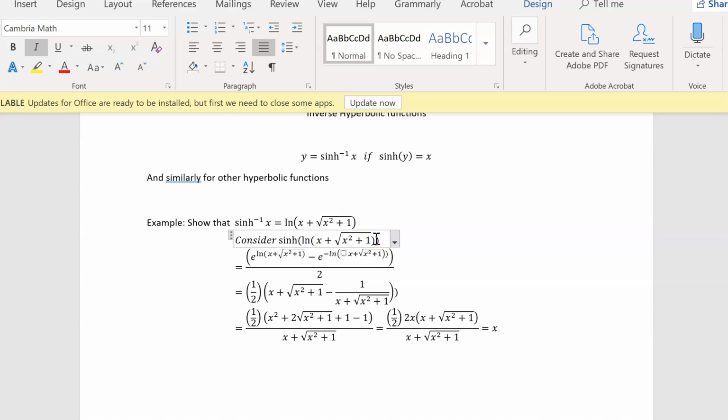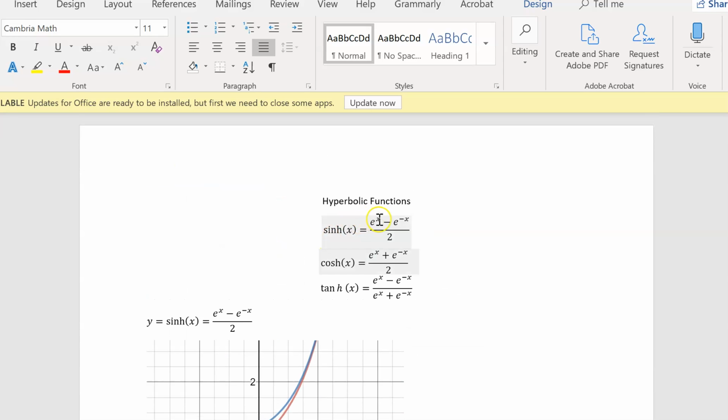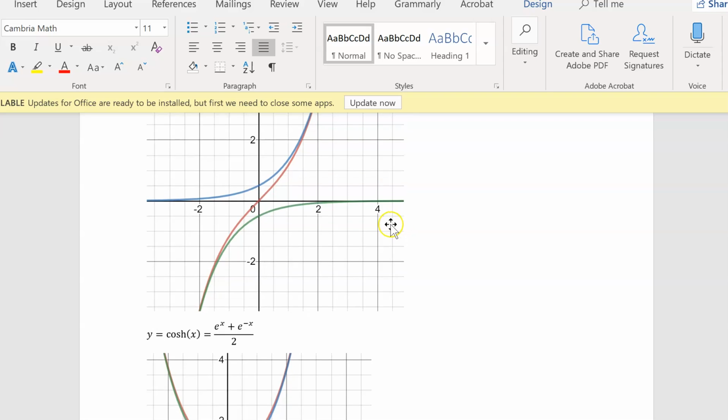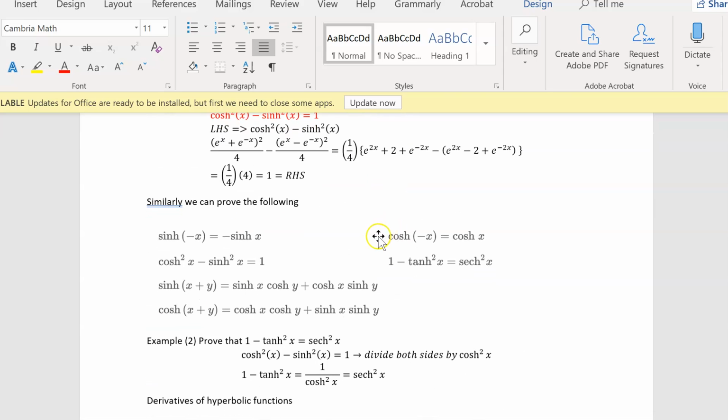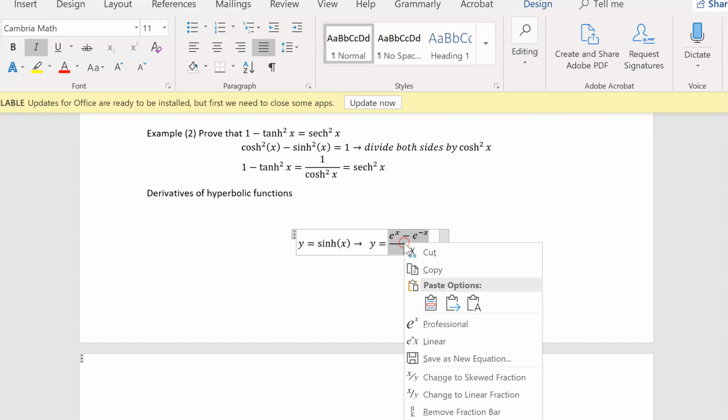Now by the definition of the sinh, what is this then? It's e to the x minus, go back to the definition, right? e to the x minus e to the negative x over 2. Okay, let's put that in.